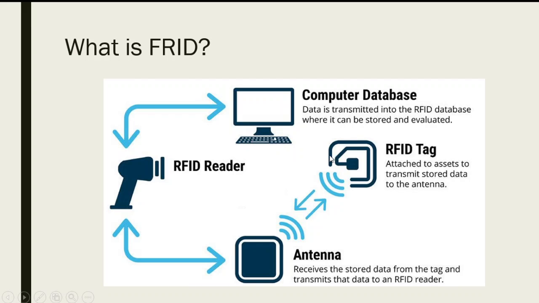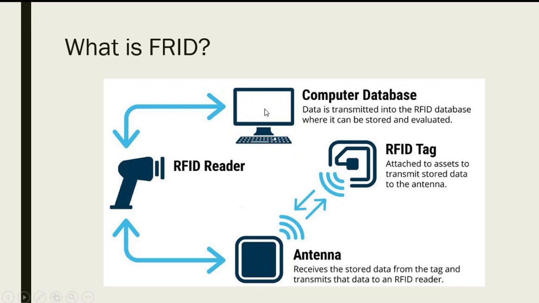Now these RFID tags contain a small amount of information which is stored in a chip, and with the chip it also has a small antenna which is used to transmit this data.